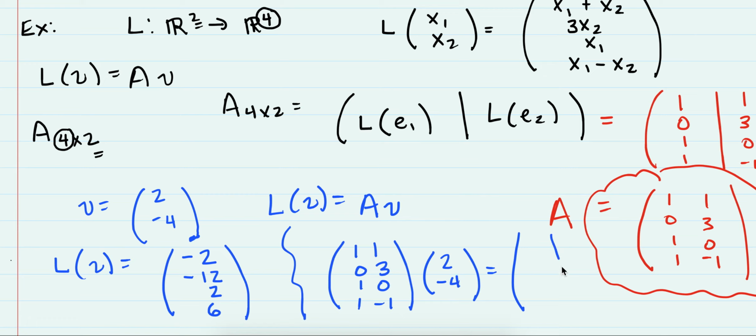So this should be a 4 by 1 matrix. This is 2 plus negative 4, which is negative 2. Then 0 times this one plus 3 times this one, which is negative 12. Then 2 plus 0. And 2 minus a negative 4, which is 6. So this is equal to this, which is really nice. We've shown that for this particular example, and it works for all examples, you can find this matrix just by plugging the standard basis vectors into L.